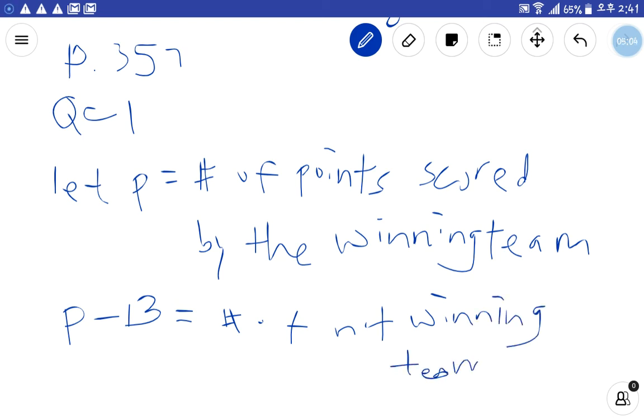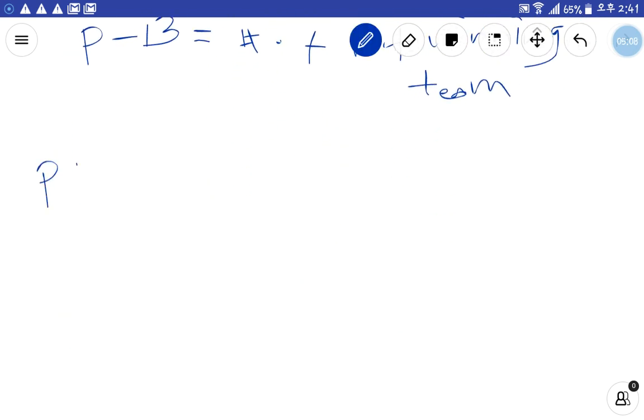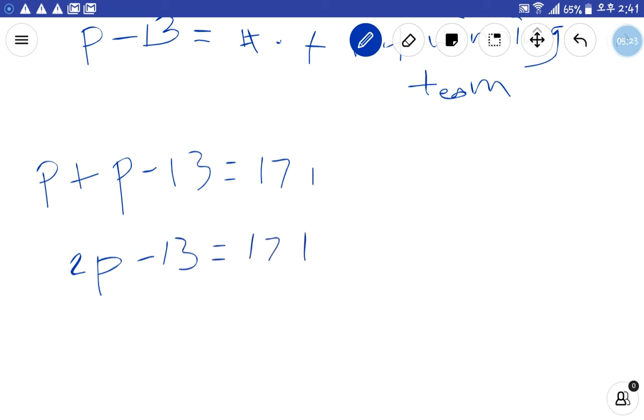Okay, so when they are added together, which is the total points, p plus p minus 13, that should be the same as 171. So now I'm going to combine my like terms, which is p, that would be what? 2p minus 13 equals 171.